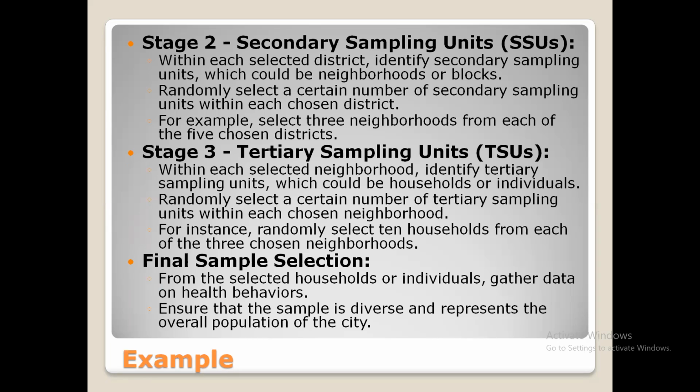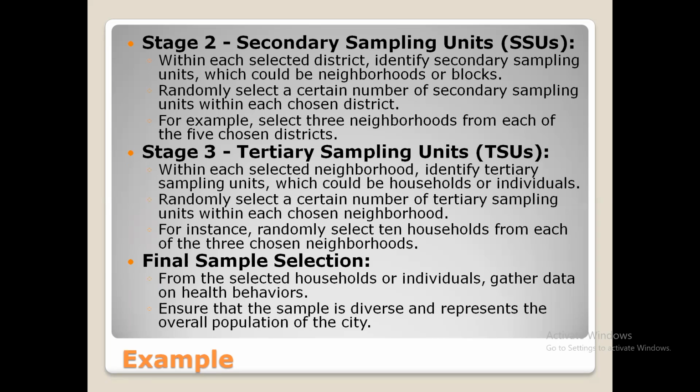Within each selected neighborhood at the secondary level, you identify tertiary sampling units, which could be households or individuals. You randomly select a certain number of tertiary sampling units within each chosen neighborhood. For instance, randomly select 10 households from each of the 3 chosen neighborhoods. From the selected households, individuals, you gather your data for the study on health behavior.